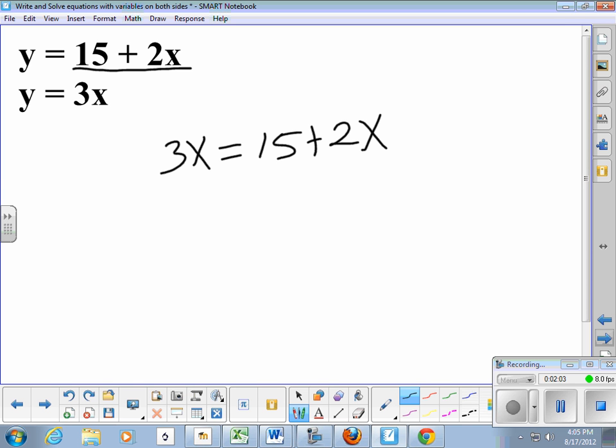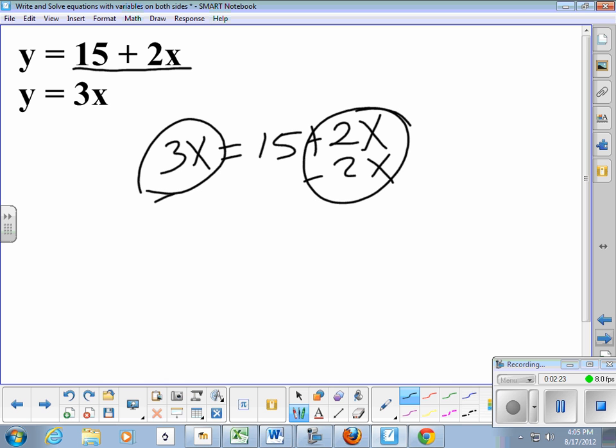Well, what we do here is we want to get the x variables all on one side. So I'm going to choose the largest one to leave where it is, and I'm going to subtract the smaller one so that I can deal in positive numbers. So if I subtract 2x from each side, that's 0. If I subtract 2x from that side, 3 of them, take away 2 of them is 1 of them.